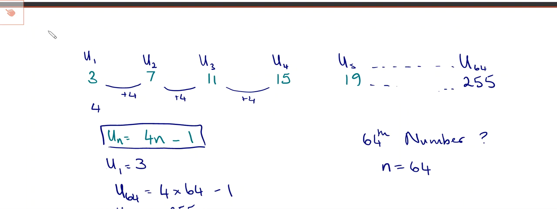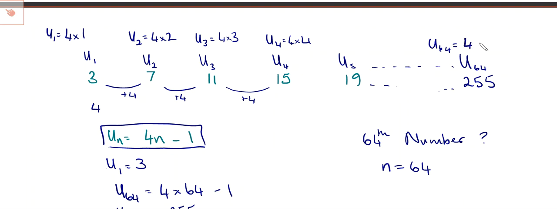So U1 is equal to one lot of 4, because it's based on which times table? The 4 times table. The second one is 2 lots of 4. The third one is 3 lots of 4. The fourth one is 4 lots of 4. The 64th one is 64 lots of 4.